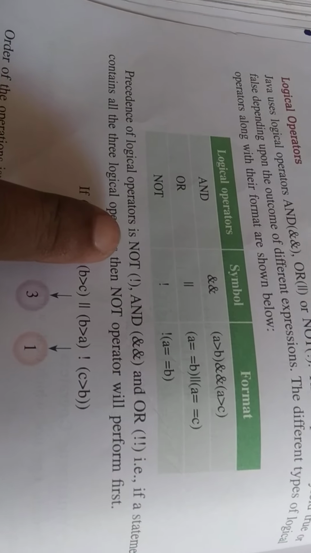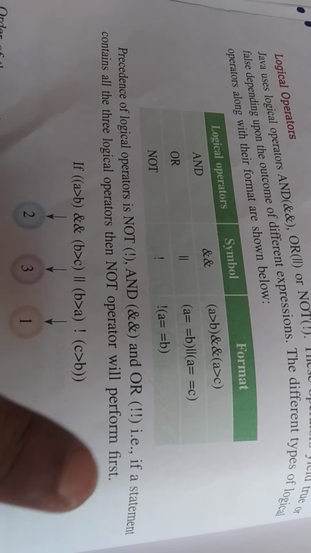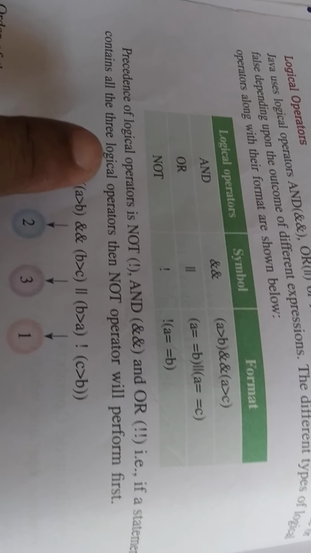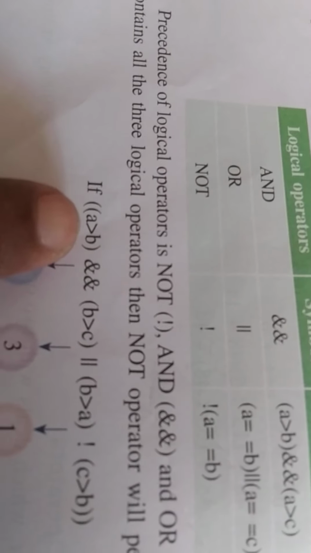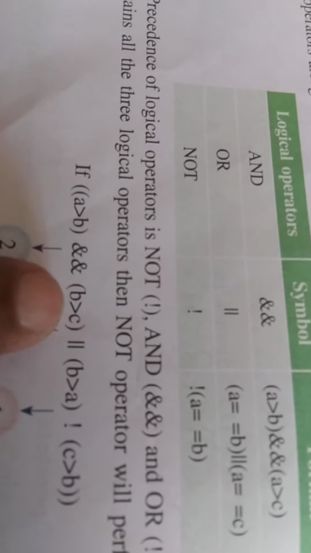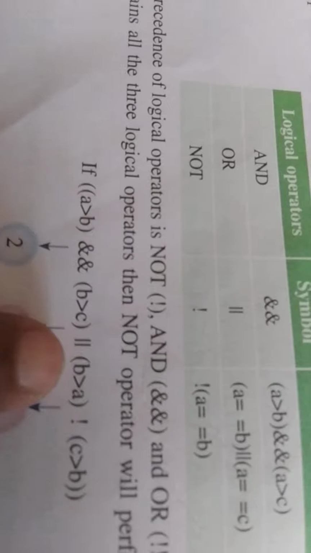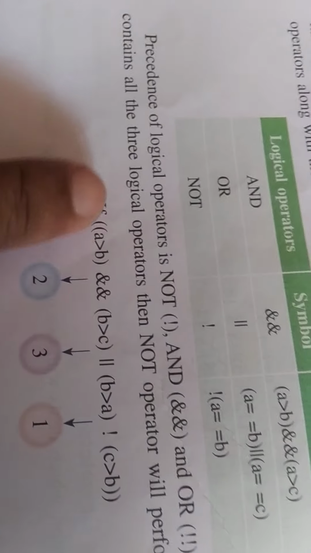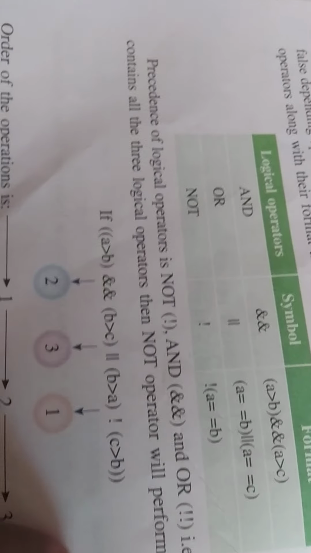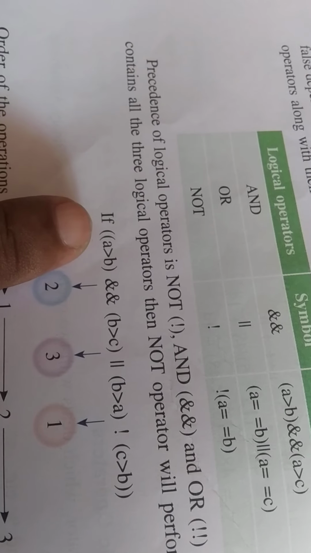So the precedence of logical operators is NOT, AND, OR. That is, if a statement contains all 3 logical operators, then the NOT operator will be performed first. For example, if a is greater than b and b is greater than c, or b is greater than a, not c is greater than b. In this expression all 3 logical operators are used.